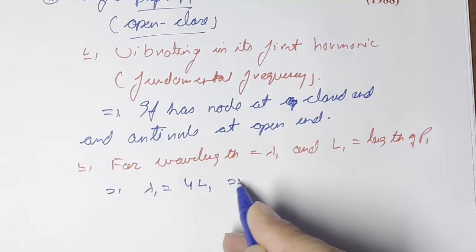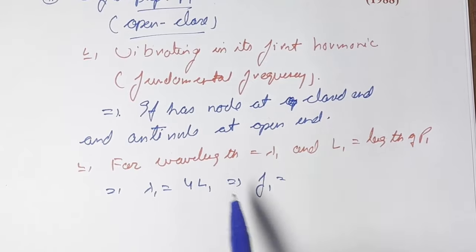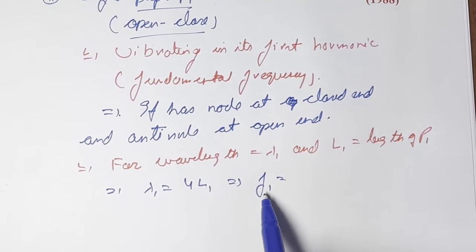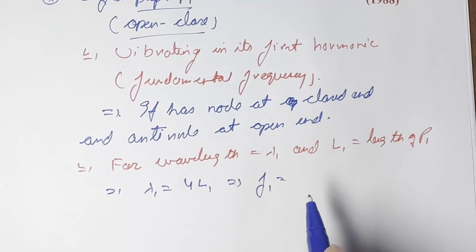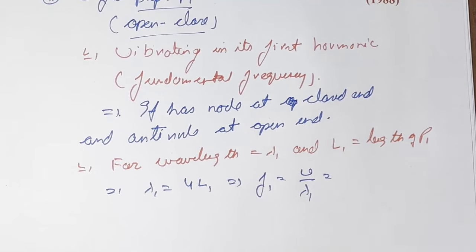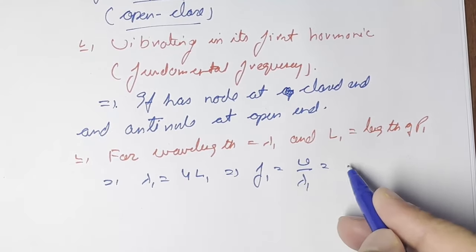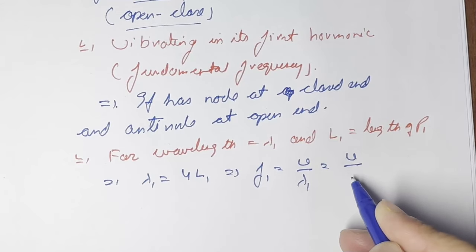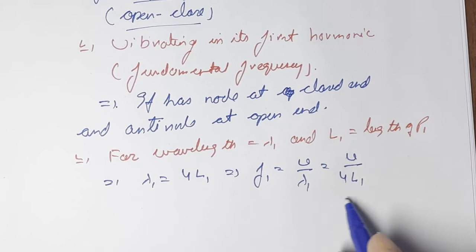From here we can write F1, because it is at the first harmonic. F1 is the representation of the first harmonic, that will equal V upon lambda 1, and substituting the value of lambda 1, we can write this as V upon 4L1.